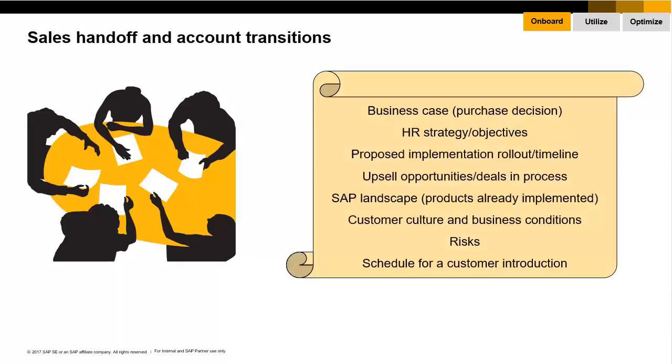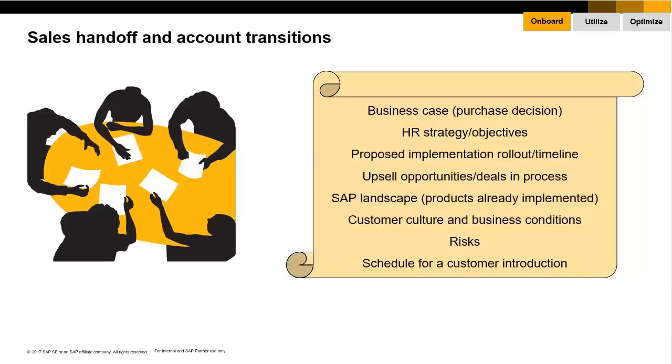the business case and the reason for the purchase. What is the customer's HR strategy and HR objectives? What is the proposed implementation rollout and timeline? Are there any additional upsell opportunities or other deals in progress? And planning for your renewal strategies early. Remember, the sales rep has insight into what went into getting this deal.